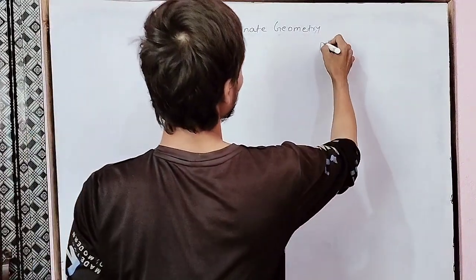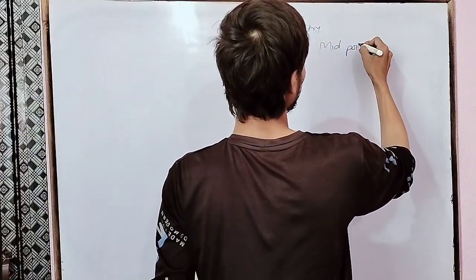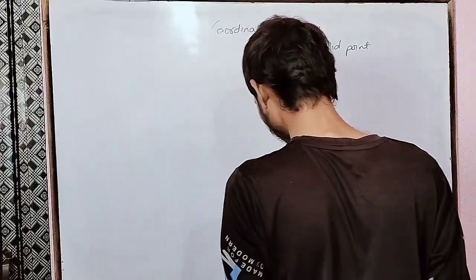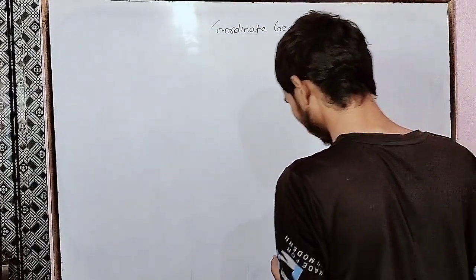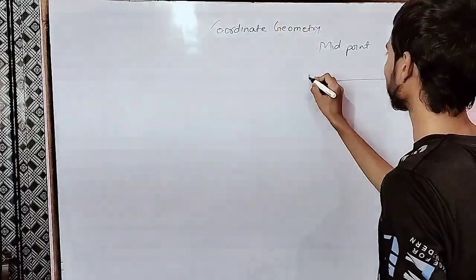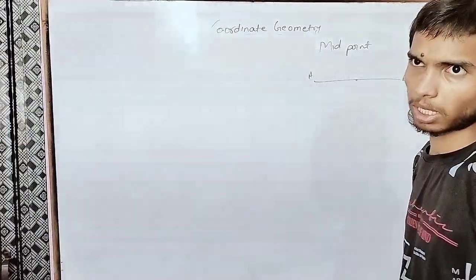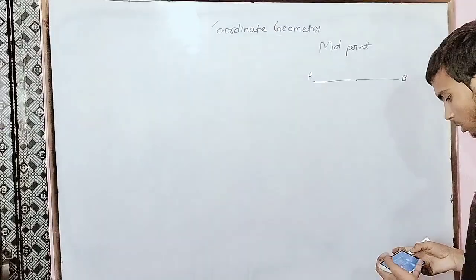What is the midpoint? It is the point which is at the middle. For example, we have this line, and the midpoint is here, which is also a bisector point. You can say bisector point.